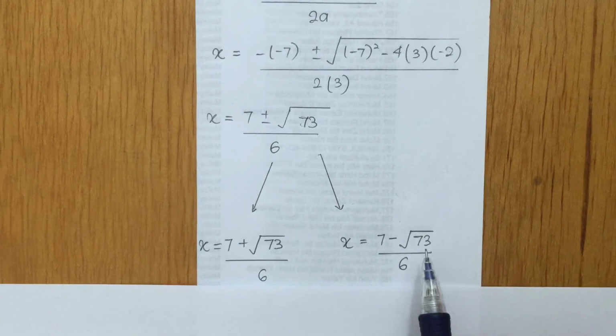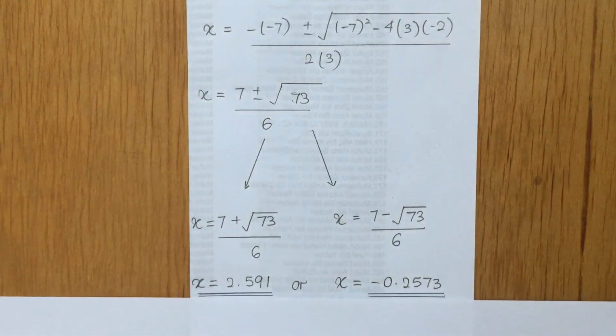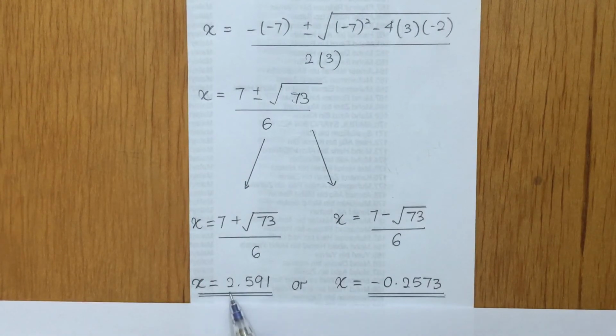You calculate these respectively and you should get your answer: x equals 2.591 or x equals negative 0.2573. Remember guys, since they require you to give 4 significant figures, make sure that you obey the requirement of the question. So this is your final answer, guys.